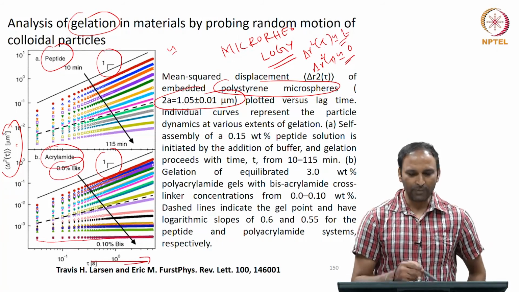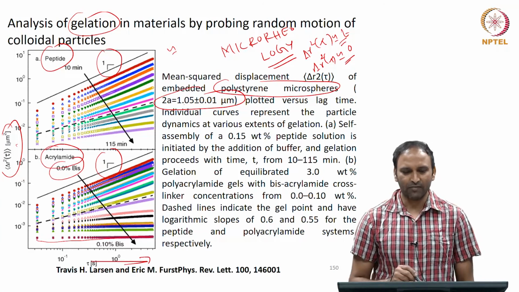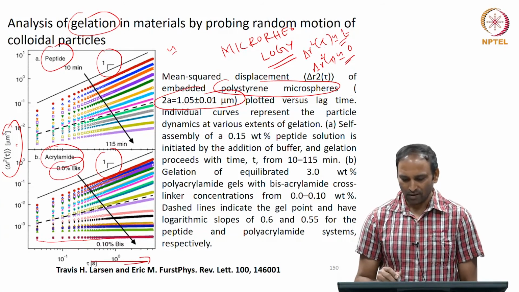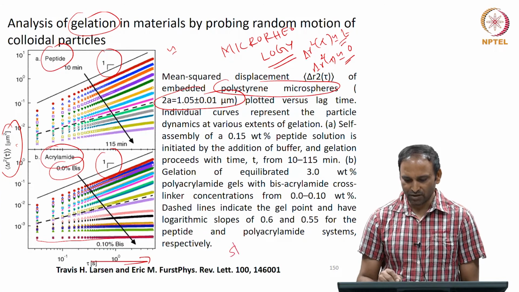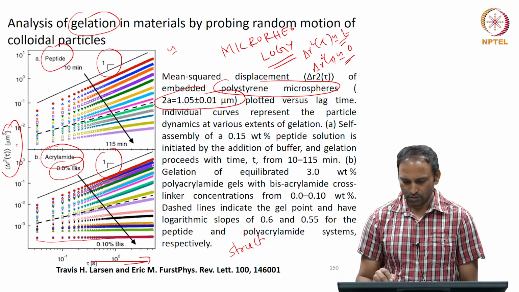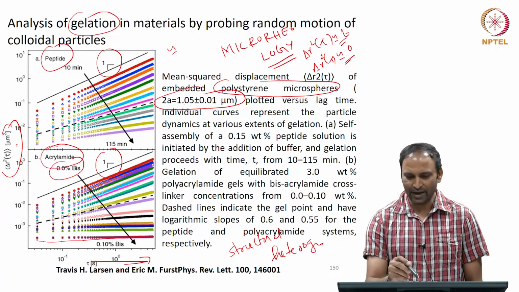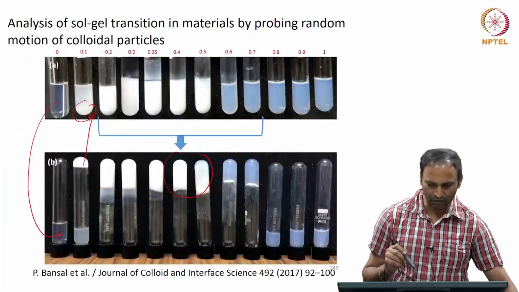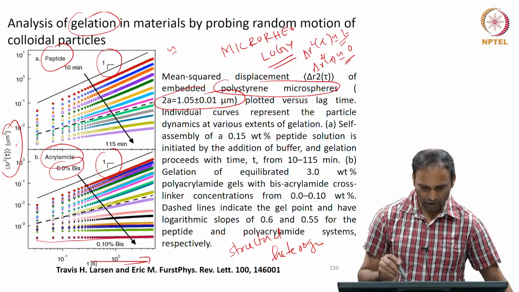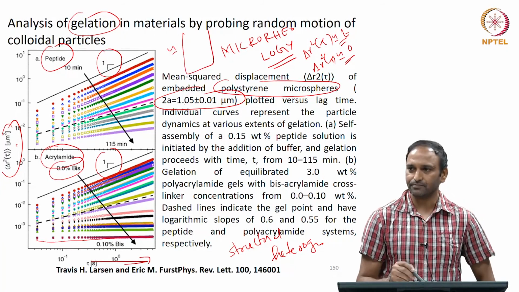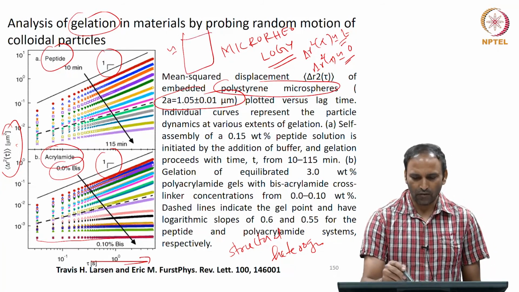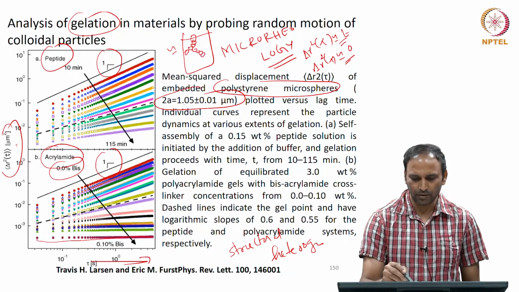People also use these kinds of probes to look at what is called structural heterogeneity. Again, I am going to take this example of gels. If I have a colloidal gel, say this is a particle network.